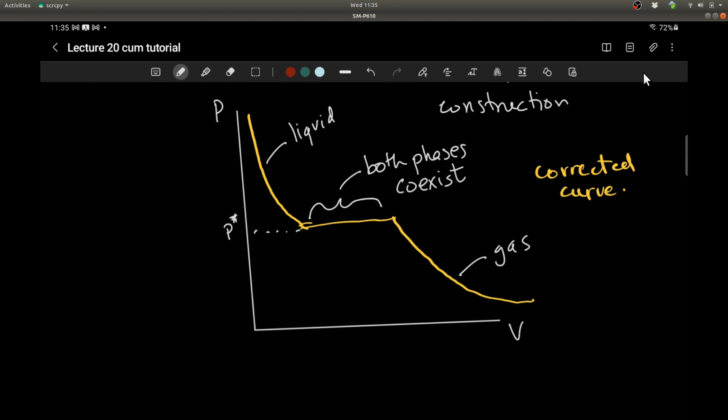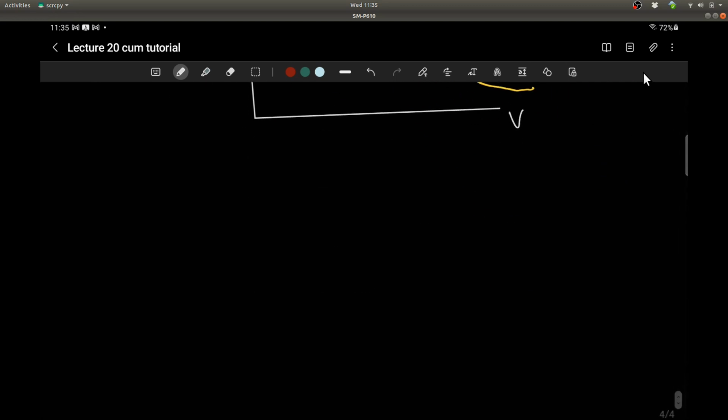Okay, so this would be the curve for T less than Tc. What I want to do is show you how to plot these various things.